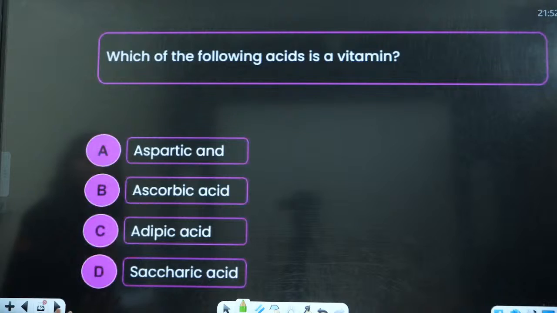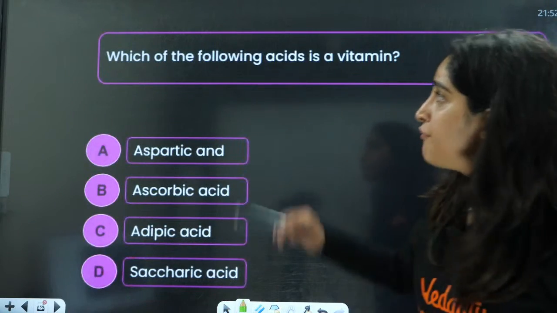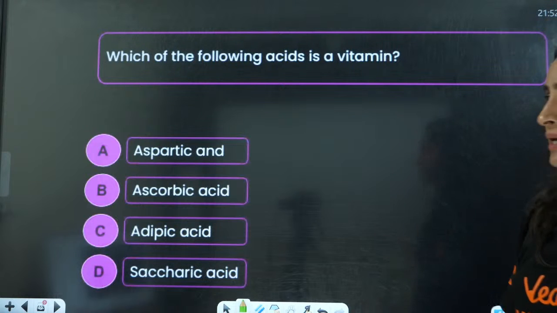Which of the following acids is a vitamin?